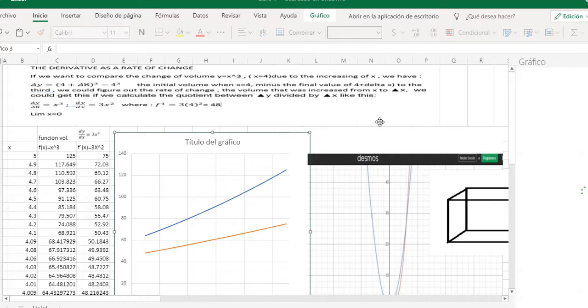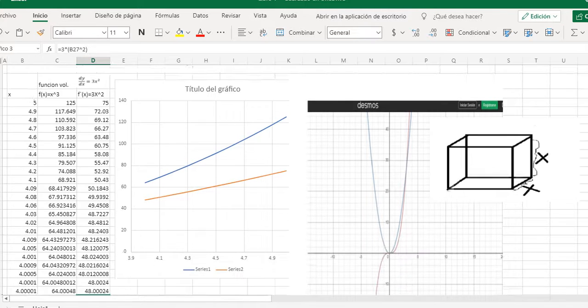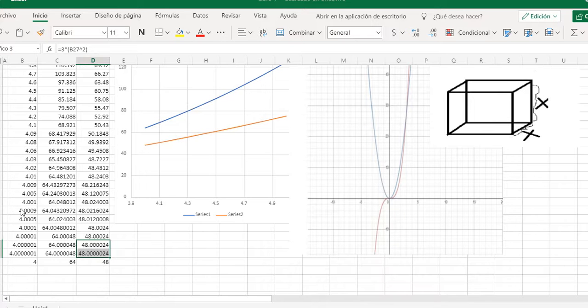But the most important thing here is that when we evaluate the infinitesimal increasing of this number, we can see that the rate of change is 48.